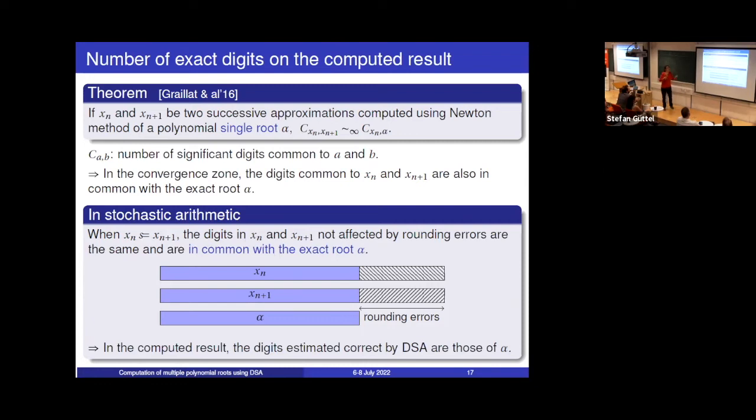So what happens in stochastic arithmetic? When we stop the iterations, the digits in the last 2 iterates which are not affected by errors are the same, and thanks to this theorem, are also in common with the exact root. So in the computed results, the digits which are estimated correct by DSA are those of the exact root alpha.